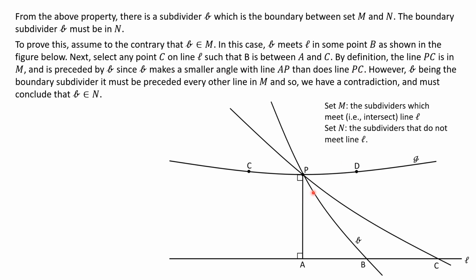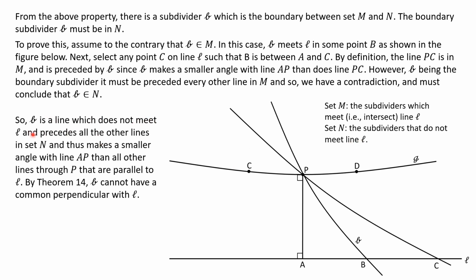So we're talking about this angle here, AP and then line B. Then you see there's a bigger angle between AP and line PC. However, B being the boundary subdivider, it must be preceded by every other line in M, and so we have a contradiction, and therefore B must be in N. So this subdivider line must be parallel to L.